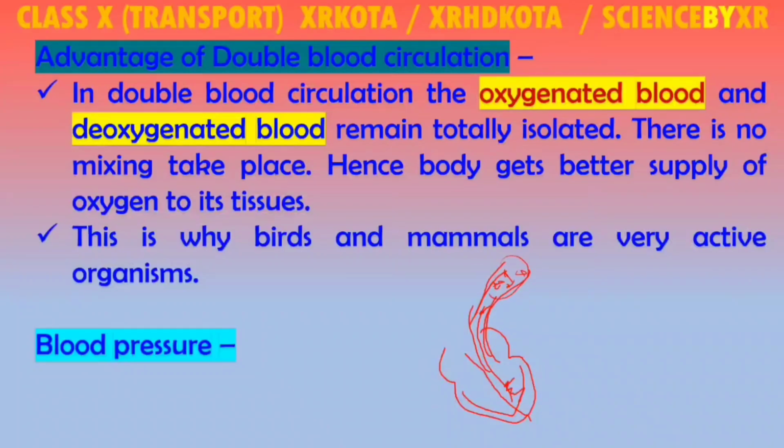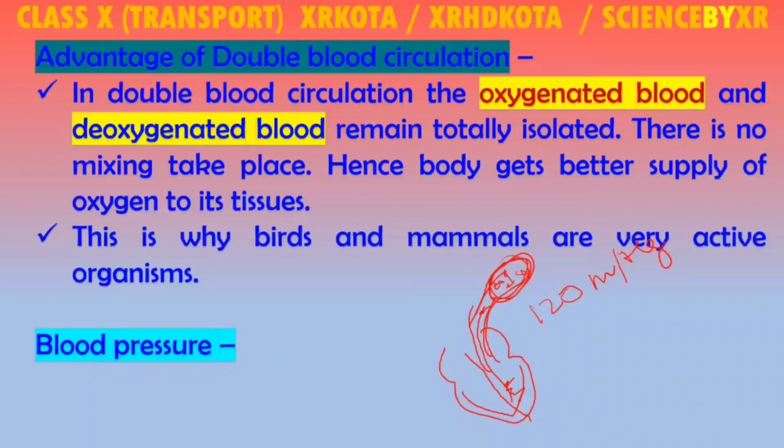That is why its value in this particular part of the artery, or rather all the parts of the artery where this blood will go in a bunch, will be high, and numerically its value is 120 millimeter of Hg.